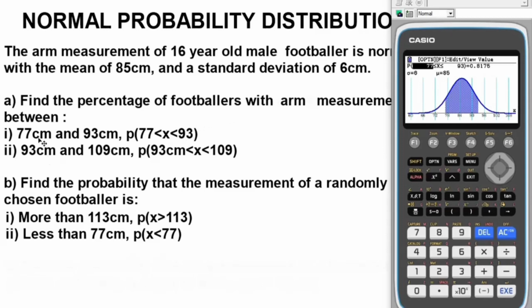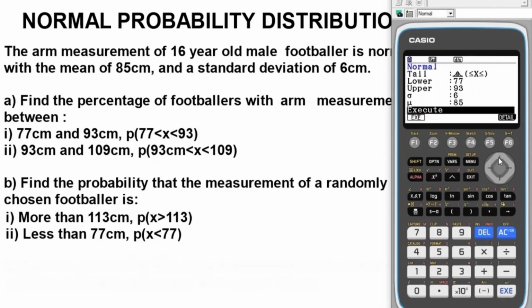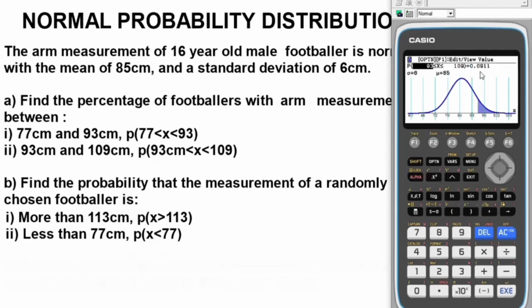Now to solve part two of this question, let's press exit. All you have to do now is change some values here. Our lower value is 93, and our upper value here is now 109 cm. Press execute. So this is the answer, 0.0911.